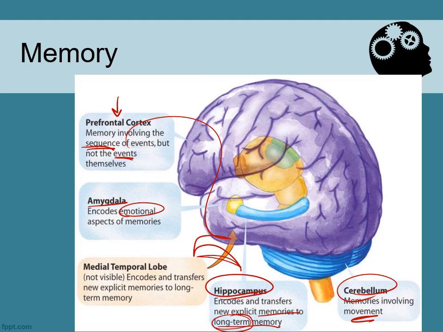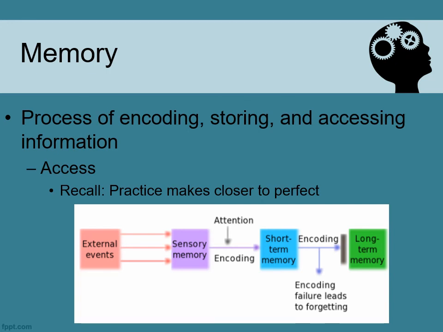So long-term, hippocampus, which is part of the temporal lobe. Amygdala here in the deep center of the brain is all about emotions. Prefrontal cortex helps us with sequences, and then cerebellum helps us with muscle memory. The final part of building memories is access.